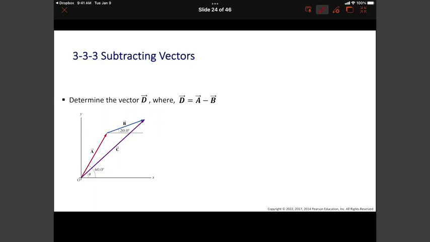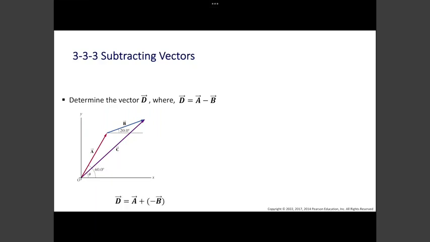To find the vector D, we start by rewriting the equation as follows. So vector D is A plus minus B, which is equal to A minus B. So this means D is the sum of A and minus B.